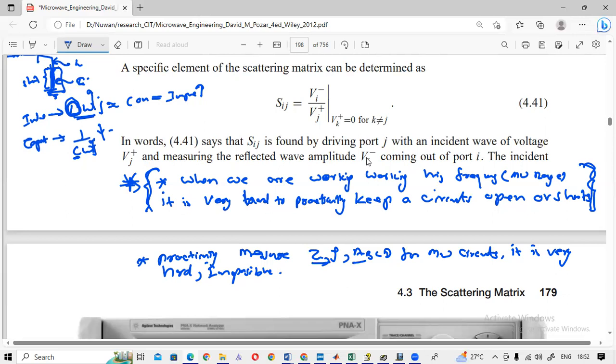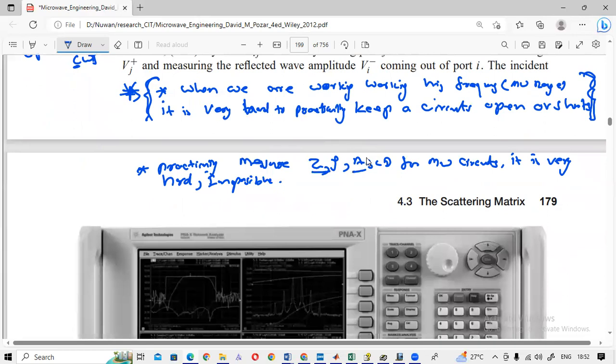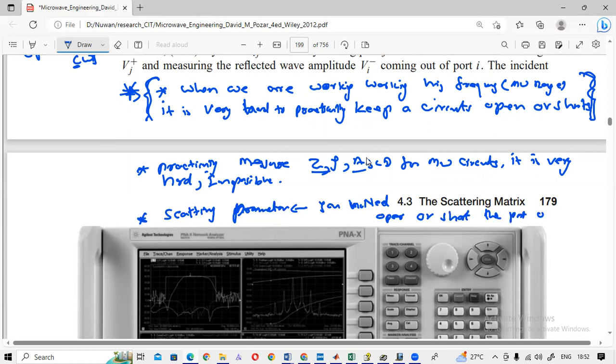So we define another matrix, which we call the scattering matrix, or scattering parameters. To measure the scattering parameter, you need not open circuit or short circuit the ports of the circuit.